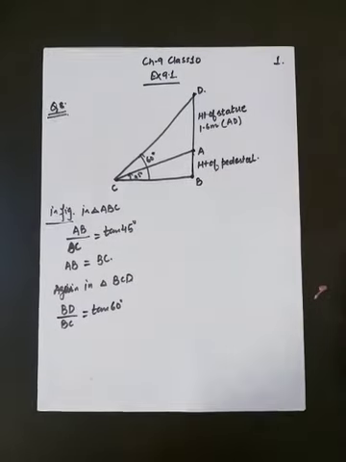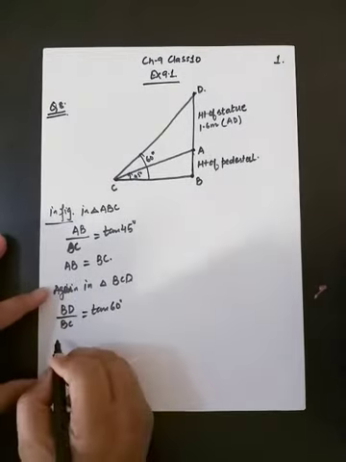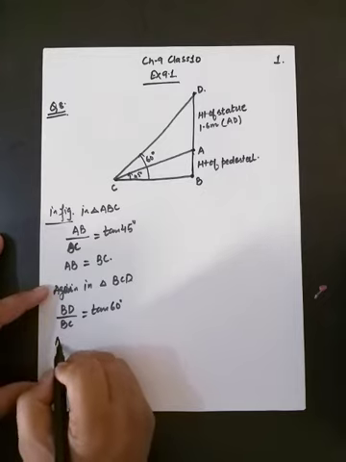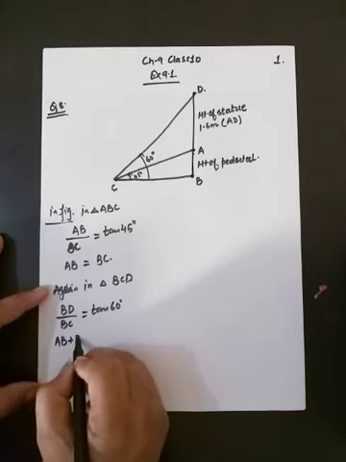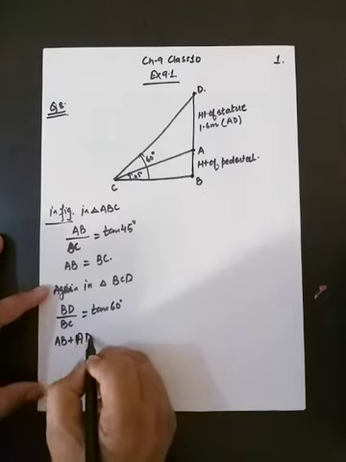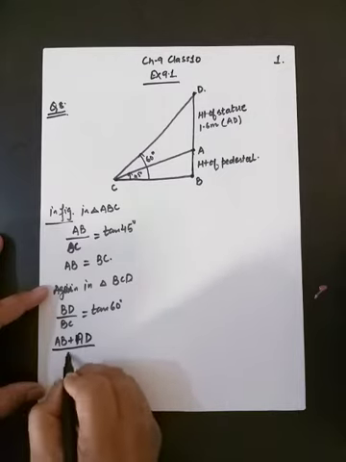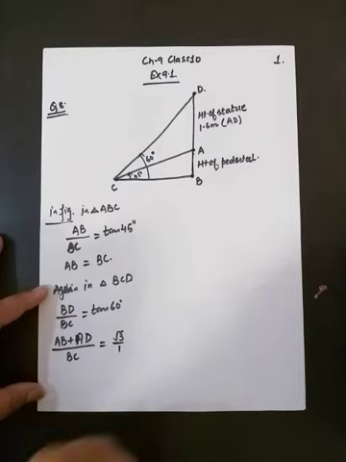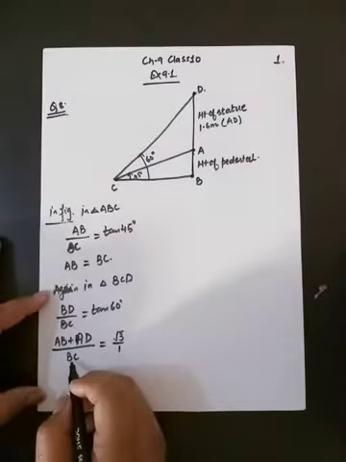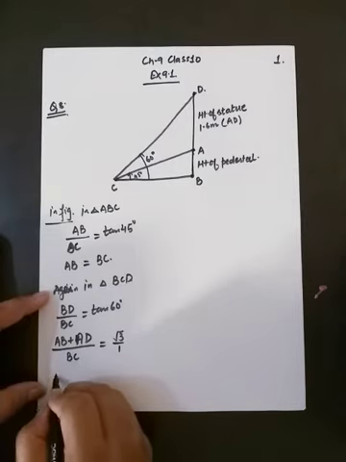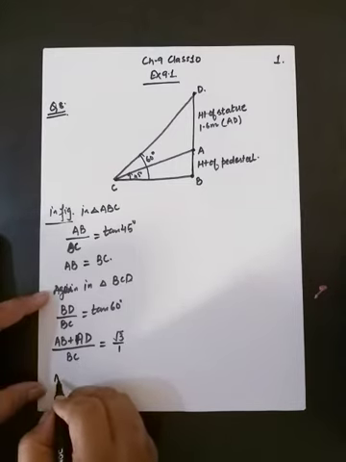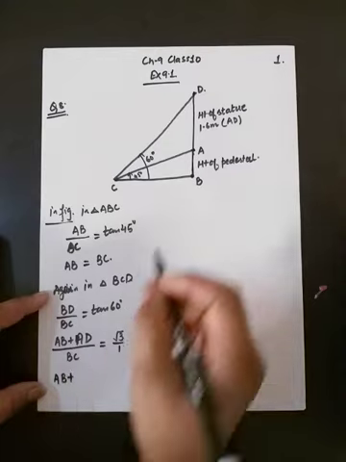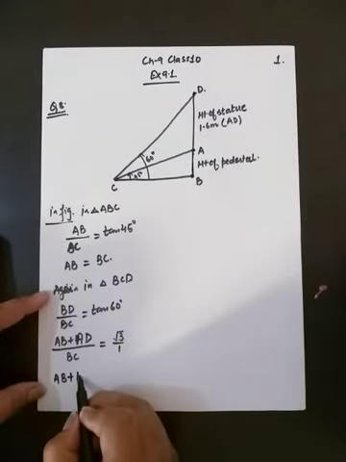And we can split BD into two parts, and write BD as AB plus AD, by BC is equal to tangent 60, which is root 3. BC we have found equal to AB, so in place of BC we can write AB, and AD is given because AD is the height of the statue.